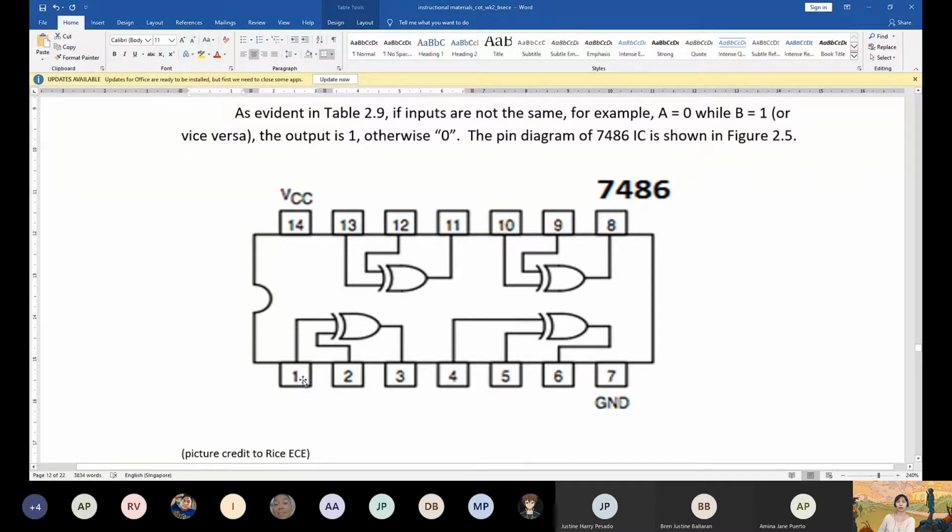We have 1 and 2 as inputs for XOR 1, pin 3 output, 4 and 5 inputs for XOR 2, then 6 as an output, 9 and 10 inputs, so we have pin 8 as output, and 12 and 13 inputs, and 11 as an output. Again, 14 and 7 are your supply pins: positive supply for 14 and ground for pin 7.